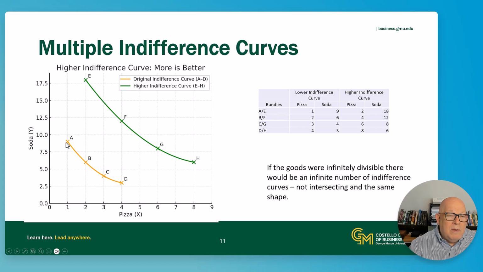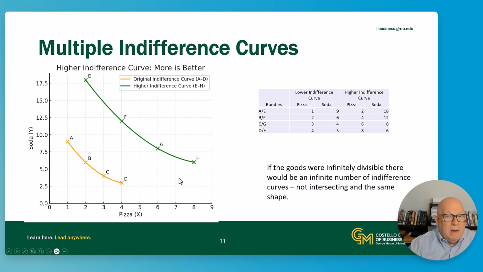So if you're indifferent between A, B, C, and D, then you also are going to be indifferent between E, F, G, and H. So how many indifference curves does an individual have? They're actually infinite, all right? There's many, many curves potentially between this curve and this curve, assuming that we could infinitely divide pizzas or infinitely divide cans of soda, which obviously we can't in this contrived example, but there's not a single indifference curve.